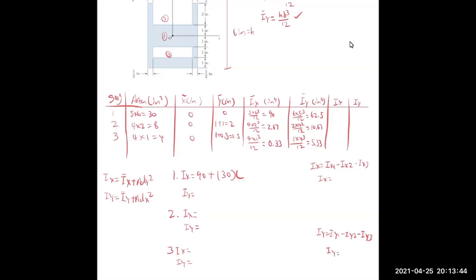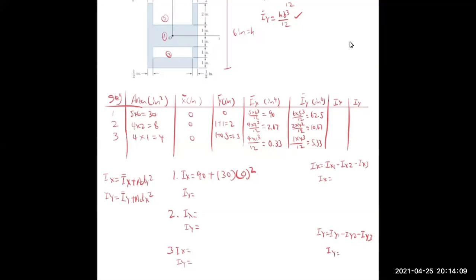Well, we know that for segment 1, its centroid is also the centroid for the composite body, which means the perpendicular distance will be 0. Because segment 1's centroid is the centroid of the entire composite body, there is no distance between them. So that's why I consider 1.